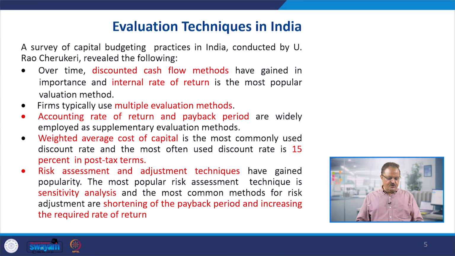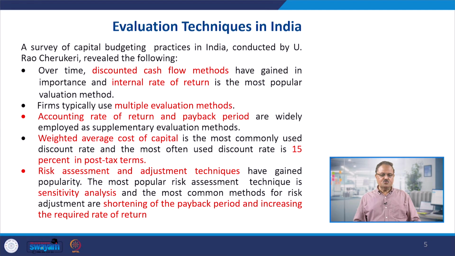When you talk about the difference in the use of discounting or non-discounting criteria, discounting criteria is more in use these days because it takes into consideration the time value of money. In the non-discounting criteria, people are using it also, but just to have a rough idea in how many years my investment will come back to me, the payback period can be used.